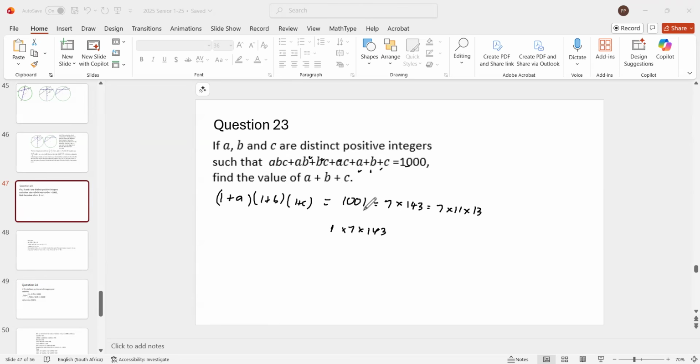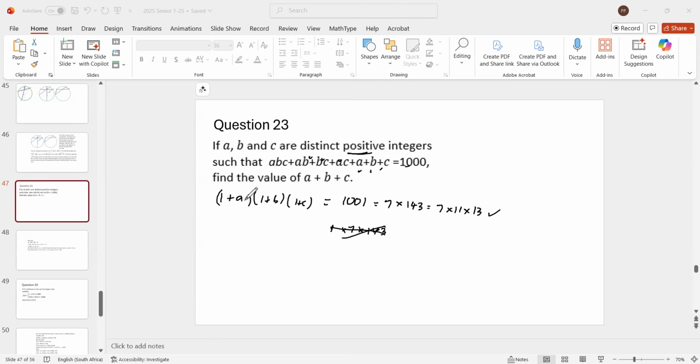But if one of these is 1, then one of these is 1, which means that A, B, or C is 0. If any one of them is 1, and they say they are positive, see? So none of these is 1. Because if any one of them was 1, that particular one will be 0. So you don't have this possibility. So this is the only possibility.